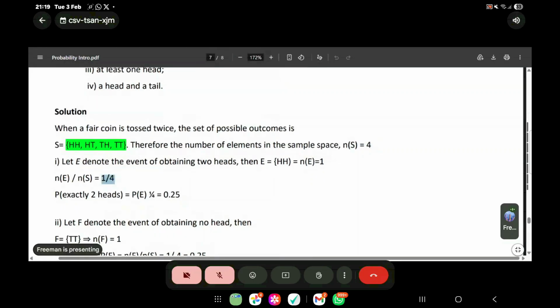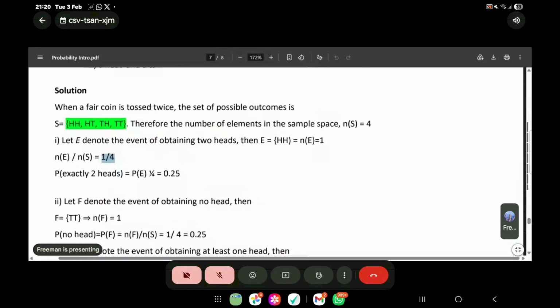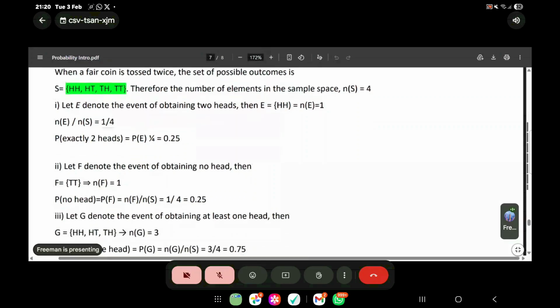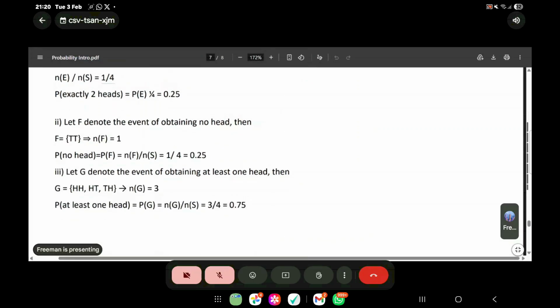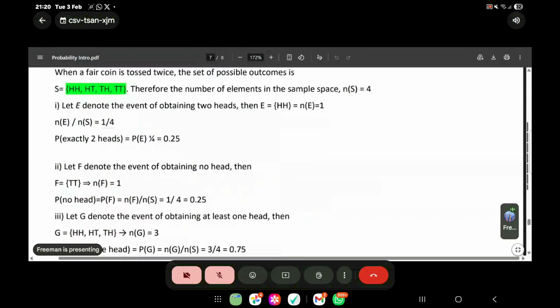Probability of exactly 2 heads. So we have exactly 2 heads here. We don't have 2 heads here. We don't have 2 heads here. We have 2 tails here. So probability of exactly 2 heads is also 1 out of 4.